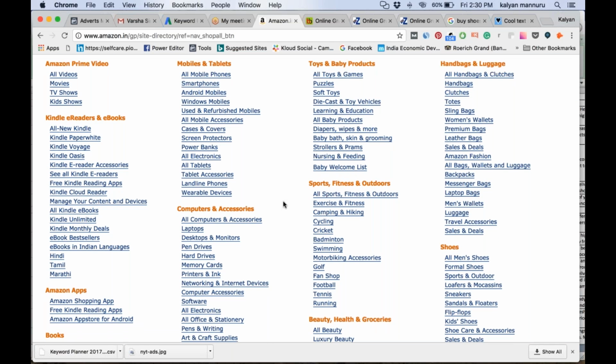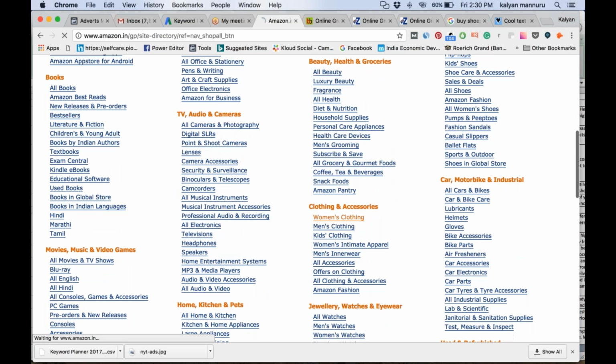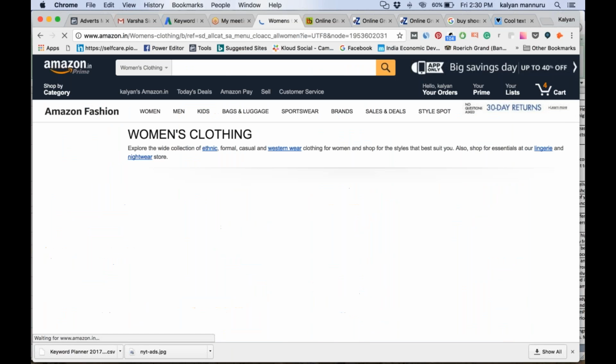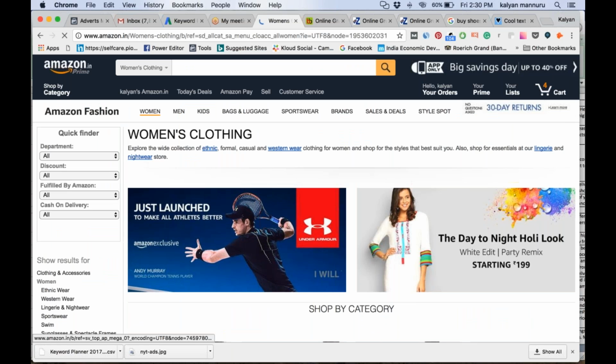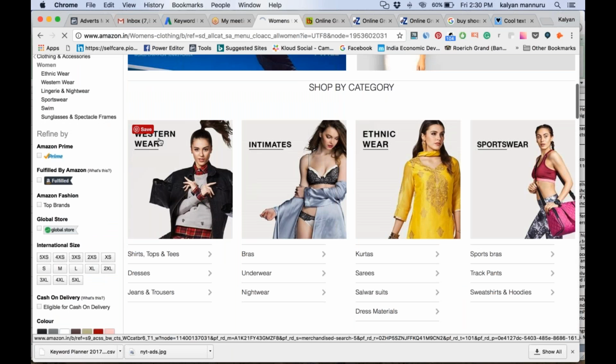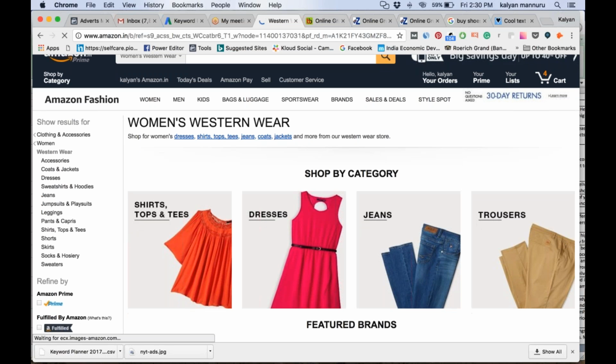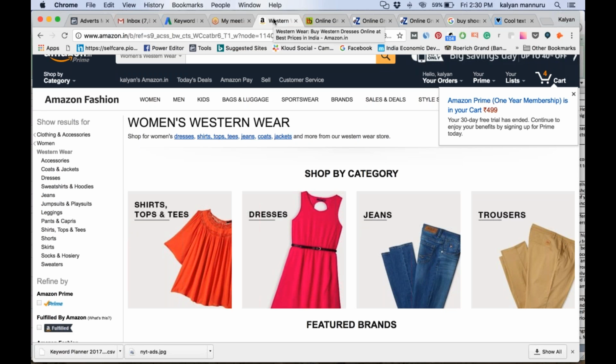So if I go for women's clothing, in this you also have subcategories. Western wear as a category. Let me click for you. Now this is a separate category. They have a separate URL, and that is why you can see the title also. Western wear is a separate title for it.